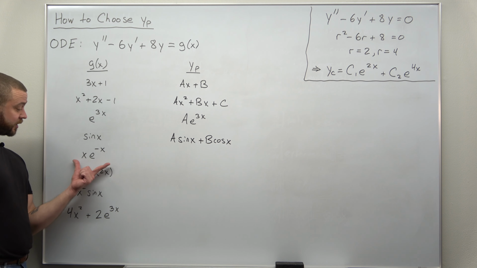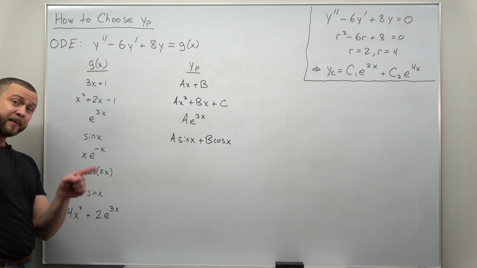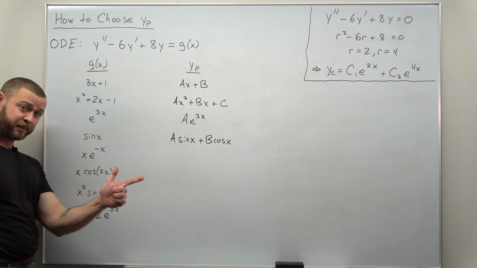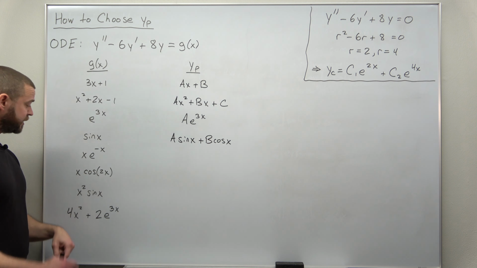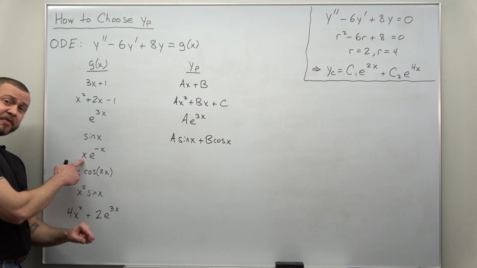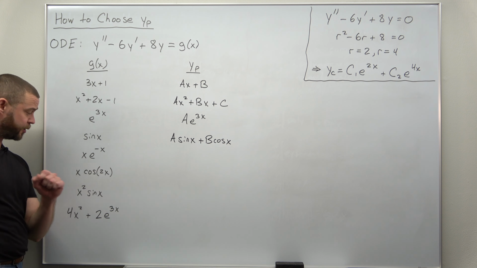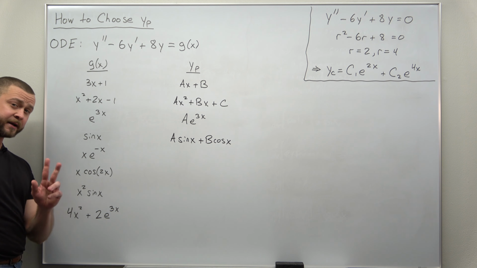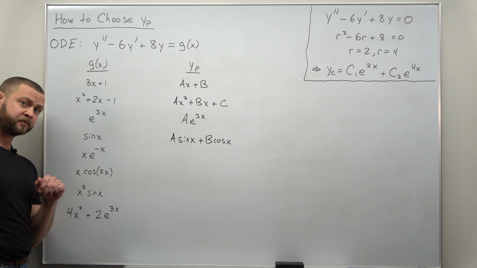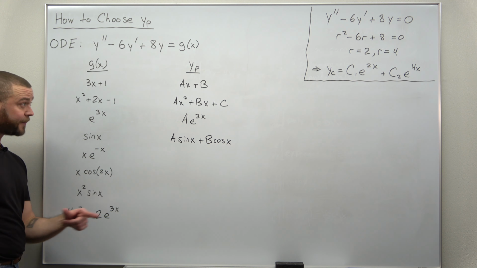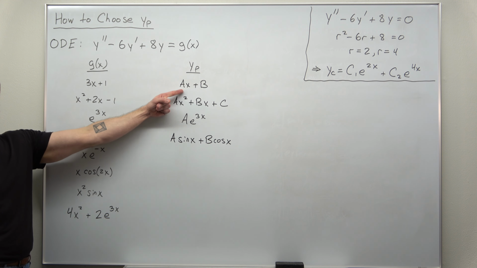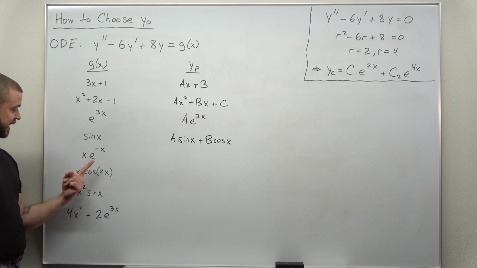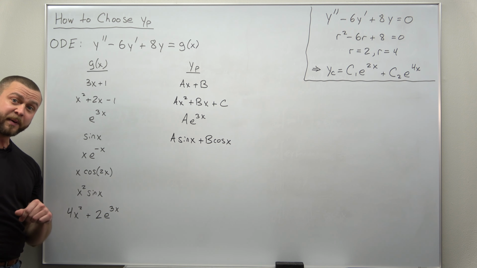All right, now we start getting into the examples that are combinations of polynomials, exponentials, sines and cosines. Here, x, we're going to think of that as a degree 1 polynomial, and it's multiplying an exponential function. So we generalize that. We take the form for a degree 1 polynomial, and we multiply it by that exponential.